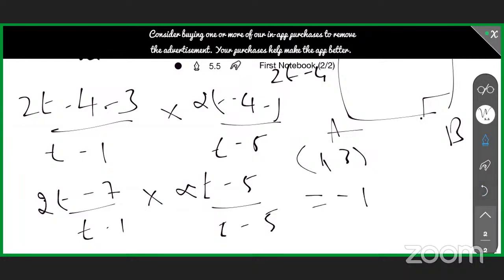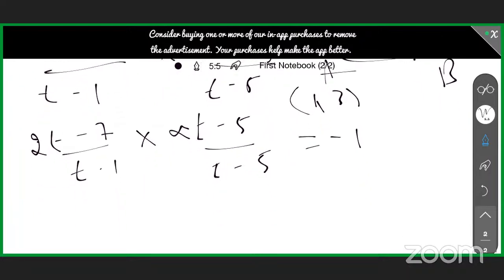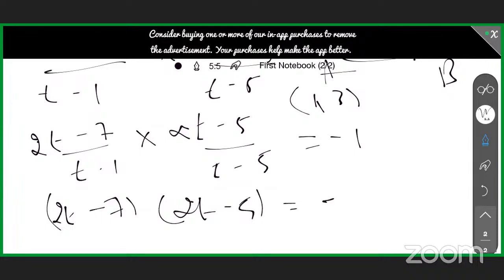Equal to minus 1. Simplify this one. First multiply: 2t minus 7 into 2t minus 5 is equal to minus of t minus 1 into t minus 5. So you have to multiply and simplify.